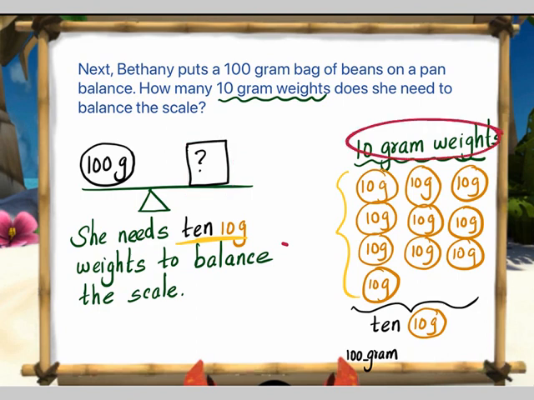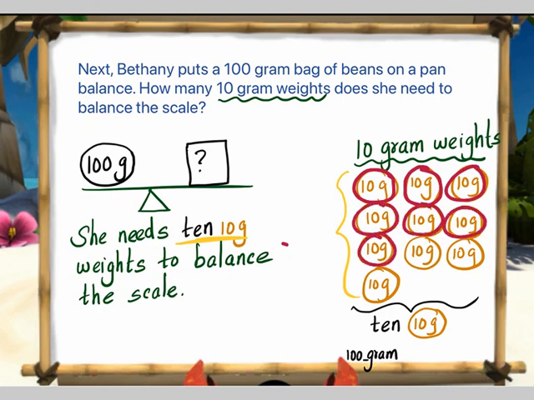So let us take the 10 gram weights and find out how many we need to make 100 grams. This is the first 10 gram. 10 grams and 10 grams will make 20 grams, 30, 40, 50, 60, 70, 80, 90, 100 grams.